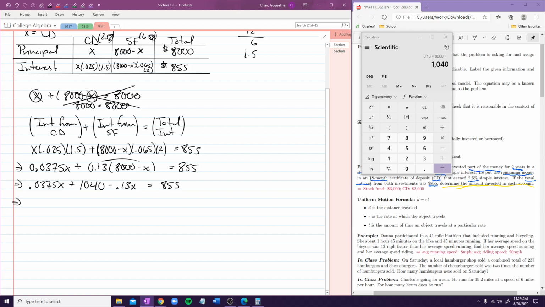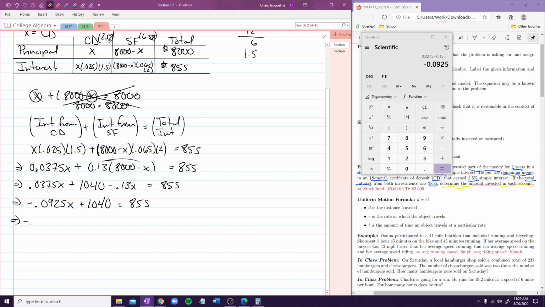So it's going to be 0.0375 minus 0.13. That is going to be negative 0.0925x plus 1,040 is equal to 855.